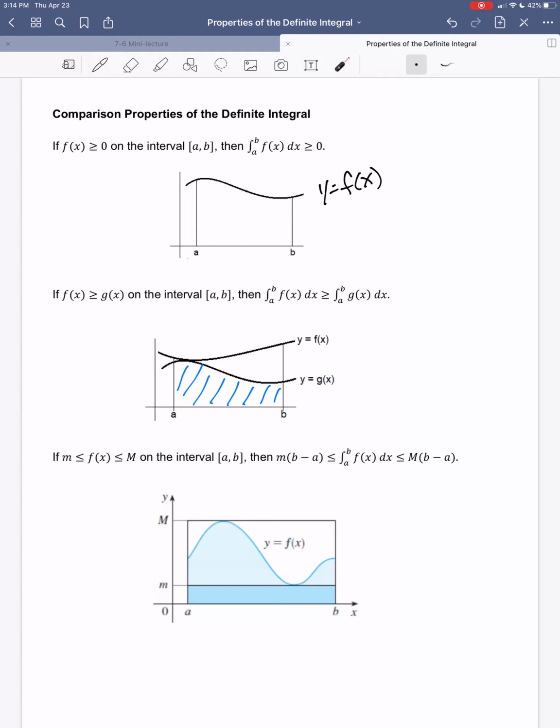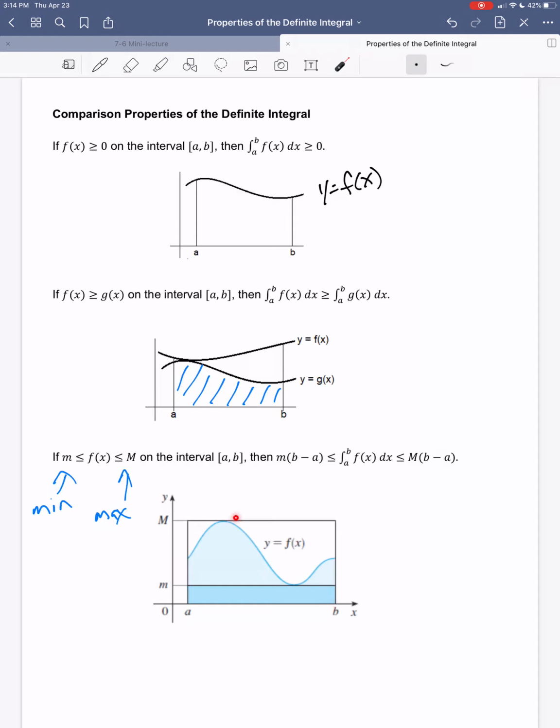And this last property, if I have a function f of x whose values stay between a little m and a big M, so little m is like the minimum value of the function, capital M is the maximum value of the function. And that's what we have here, my little m and my capital M. My function f of x reaches capital M here and little m here, and those occur between a and b.